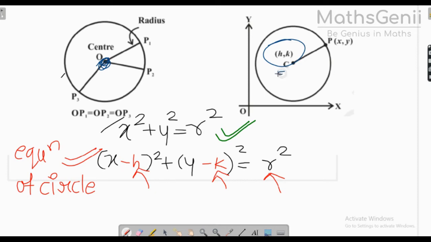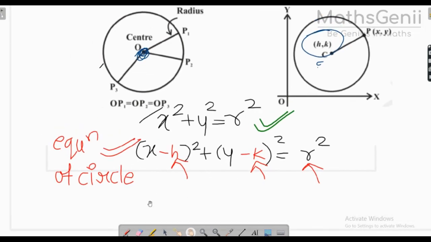From O, which is 0 comma 0, it shifted to h comma k. So what is the modification in the formula of circle? General equation of circle: x minus h, y minus k. So from 0 comma 0, actually the equation for this circle would have been this.